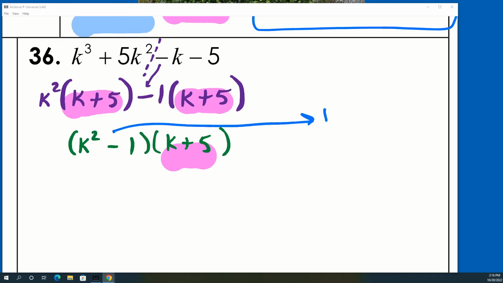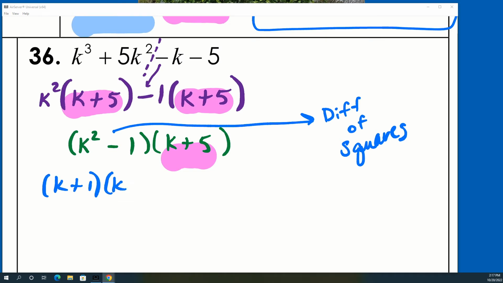K squared minus 1 is the difference of squares again. So we find each square root, which is going to be k and 1, and we put 1 with a plus, and we put 1 with a minus. Okay, so this isn't too terrible, I don't think.